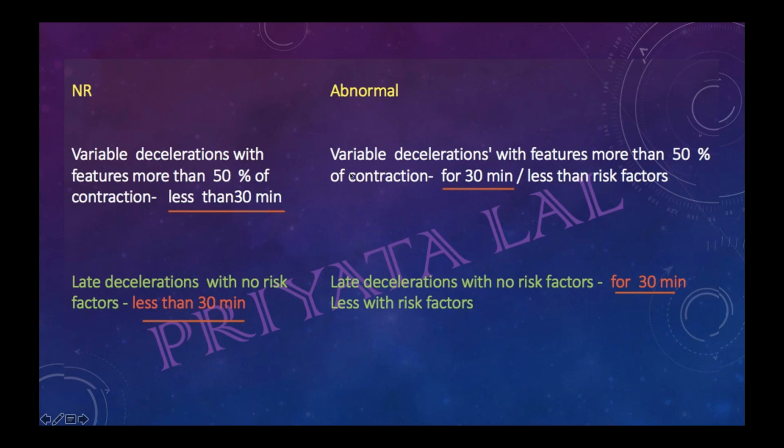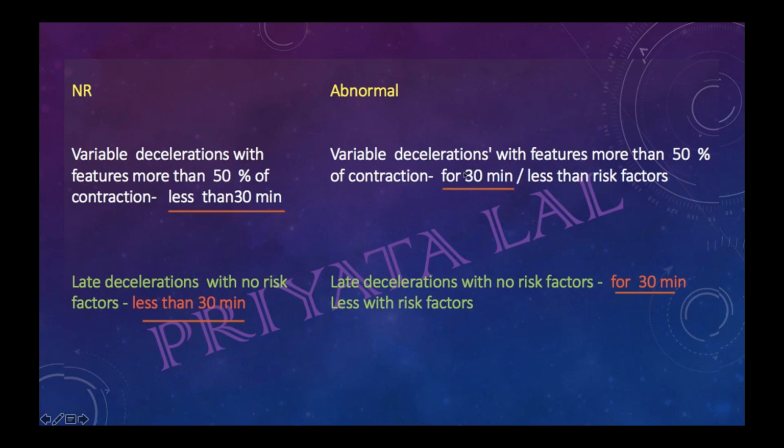But actually we make confusion here when we decide what type of traces there are. So this will be a sort of mnemonic to keep in the head. The risk factor you have to always keep in mind for the overall picture, but for categorization this will be okay. If variable less than 30 minutes, put it under NR feature.